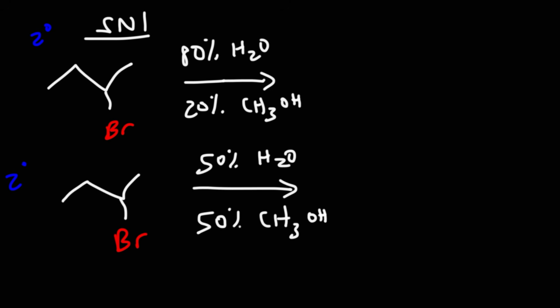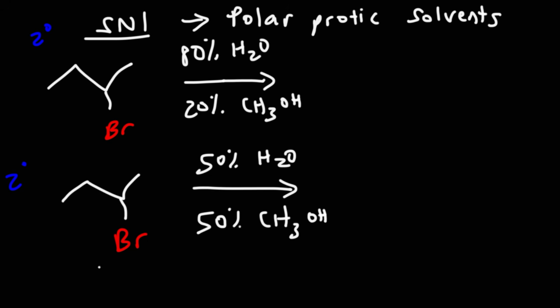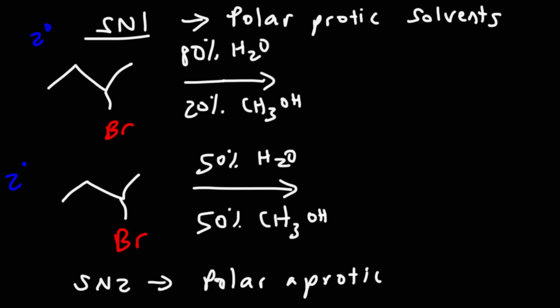Now in both cases, we're dealing with protic solvents. It's important to understand that SN1 reactions work well with polar protic solvents. An SN2 reaction works well with polar aprotic solvents. Notice the commonality here.